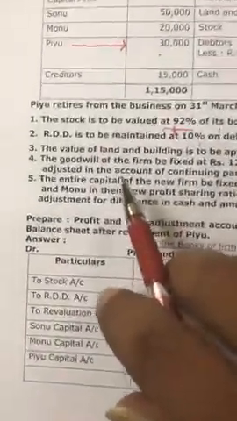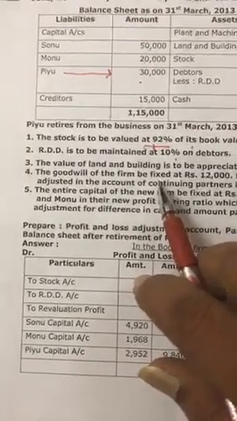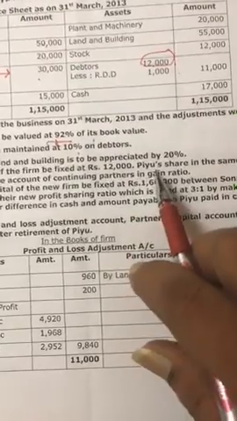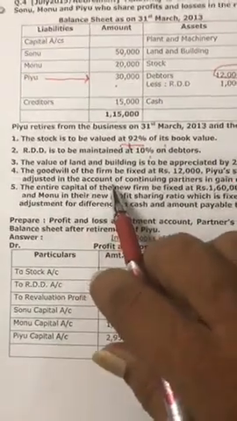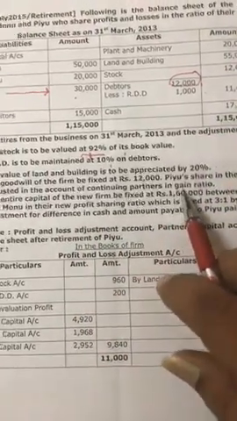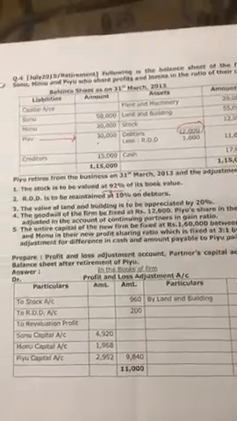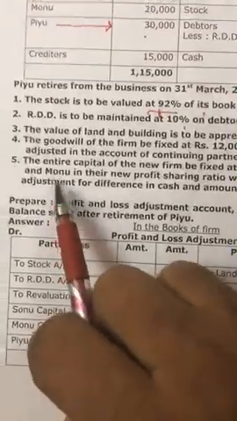Now, goodwill of the firm fixed at 12,000. Piyush's share in the same will be adjusted in the capital accounts of continuing partners in the gain ratio. Now, I told you when to find out the gain ratio.